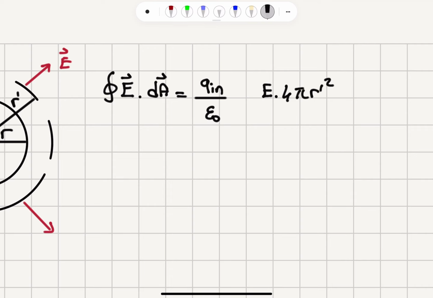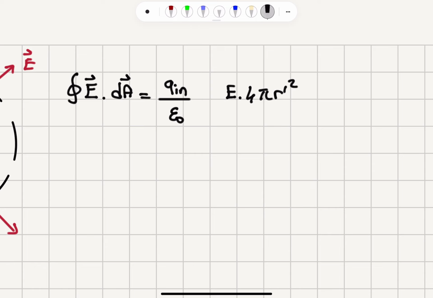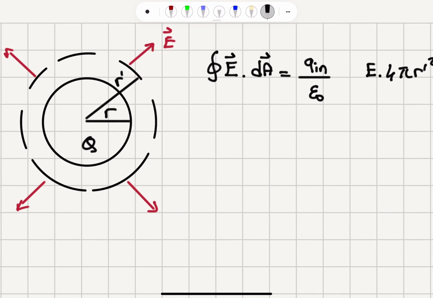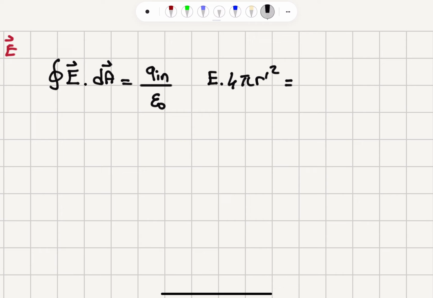The electric field magnitude is constant on this surface because it's only a function of r prime. So this is equal to the charge enclosed. What is the charge enclosed? The charge enclosed is the total charge carried by this sphere, which is Q. So capital Q divided by epsilon 0 in Gauss law.